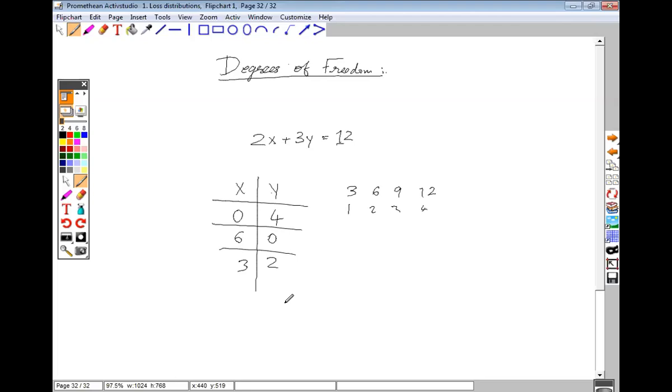So if I give you that I am taking my value of x as 6, you cannot choose on your own what your value of y can be, right? It is dictated by the equation which it has to satisfy. So the number of degrees of freedom you have here is 1. So that's it. This is all you need to know about degrees of freedom.